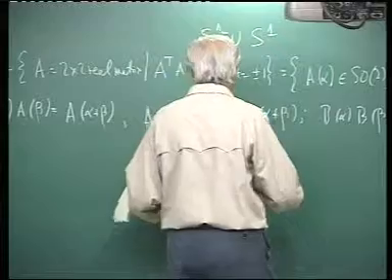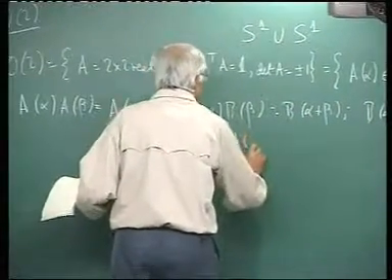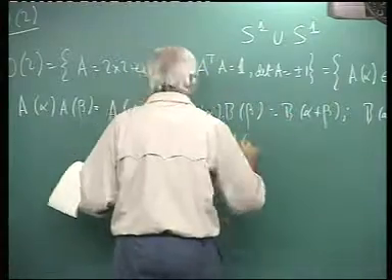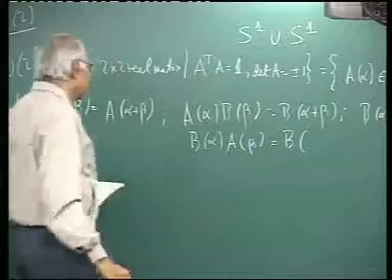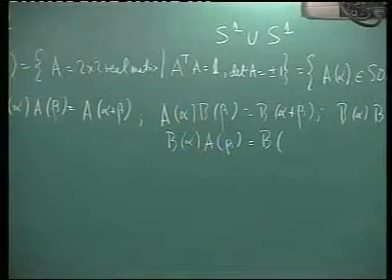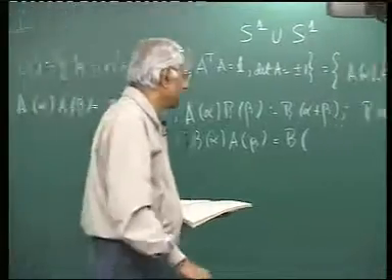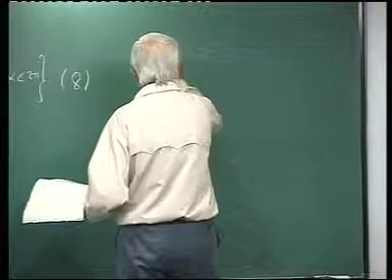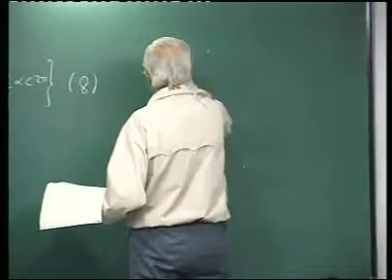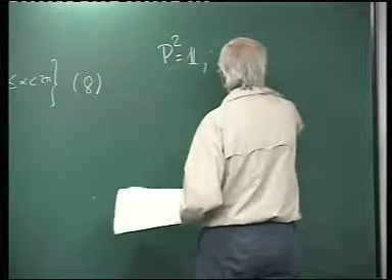Oh, I should write here also one other. B alpha, A beta. This should be a B. What is it? Do you want to guess? I will write here a few facts which are very useful. You can check these.